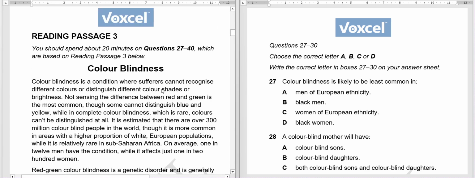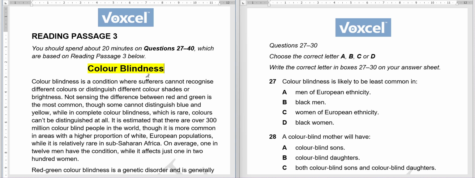So the passage title says color blindness. From the title we can understand this passage would be about color blindness, so you should be familiar with this term. It's basically the term referred to those people who are not able to see some particular types of colors. Maybe they have a complete color blindness.